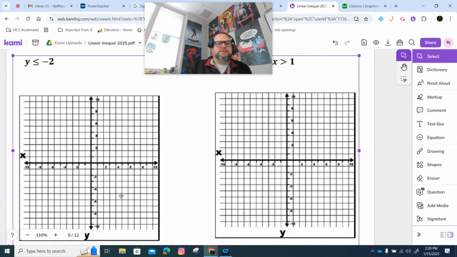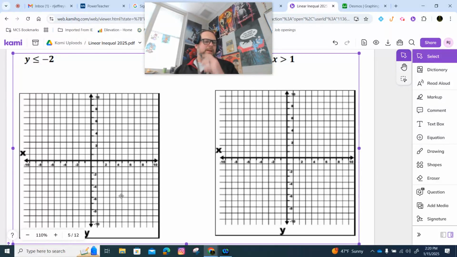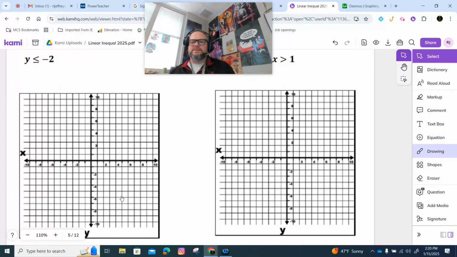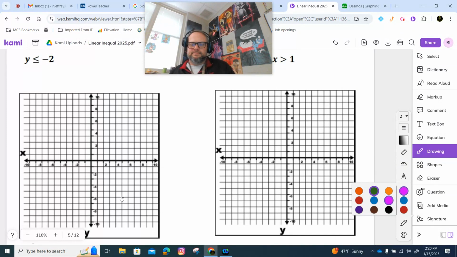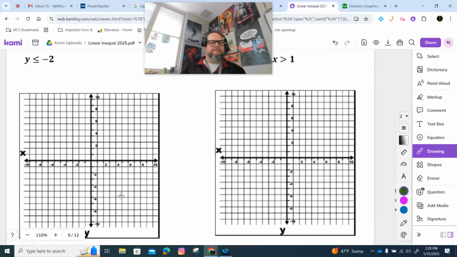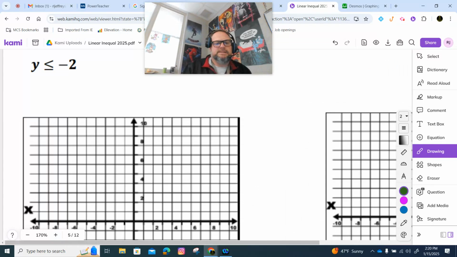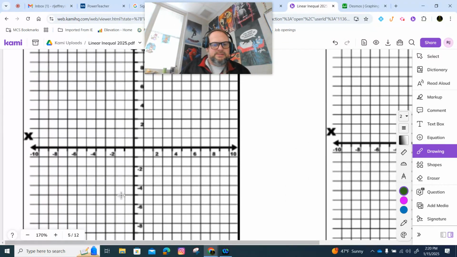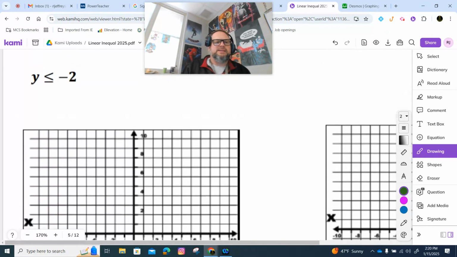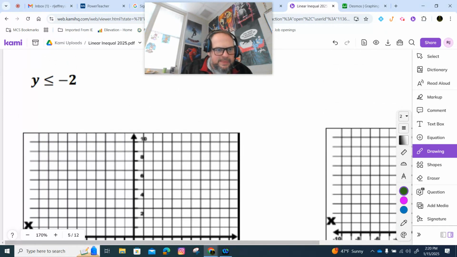All right, let's look at these two. All right, this is going to be horizontal. Yeah. So we go to negative 2. So 0, let's zoom in. So this is 0, negative 1, negative 2. All right, is that a solid or dotted line?